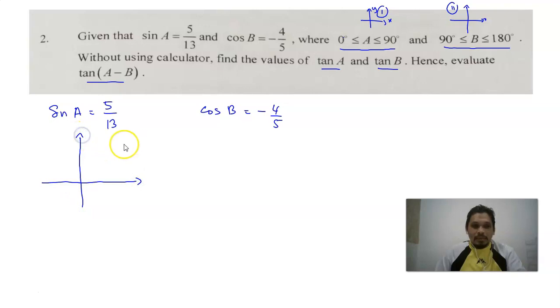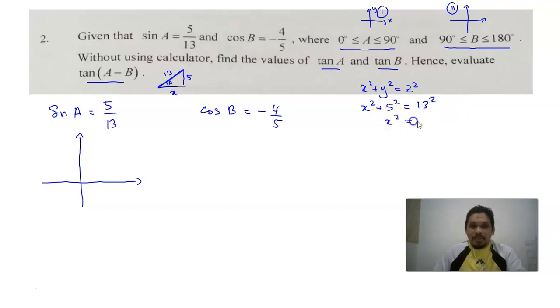So now we are going to determine the triangle of this sine A. Okay, so for the triangle, we just imagine that if this is the angle A, then sine is opposite divided by hypotenuse, 13. And then we are going to use the Pythagoras Theorem: x squared plus y squared equal to z squared, and this is the hypotenuse, representing z. So x squared plus y, which is 5, squared equal to 13 squared.